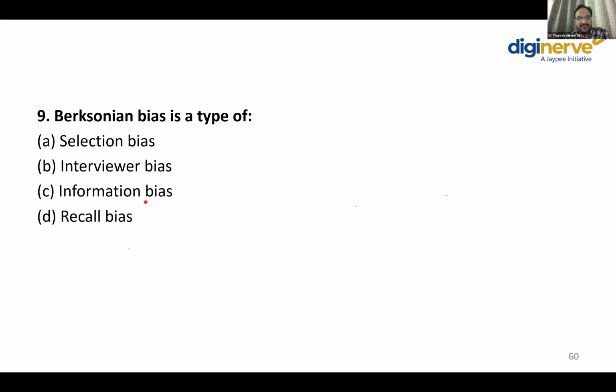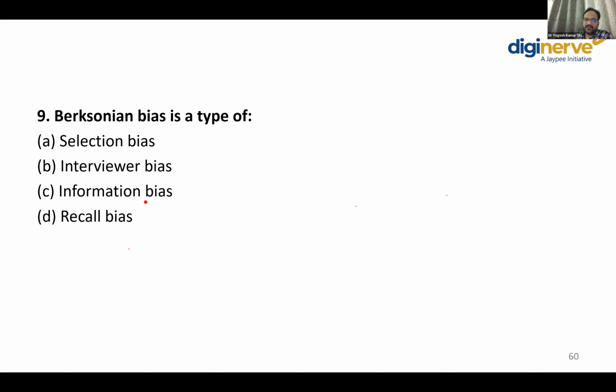It is a tough one. Information bias. Everyone has answered differently. One is saying selection, one is saying interviewer, one is saying information, one is saying recall. Ritika is saying selection bias.